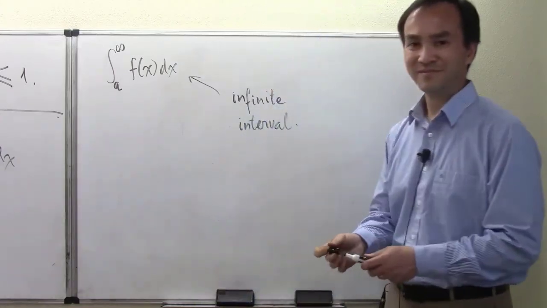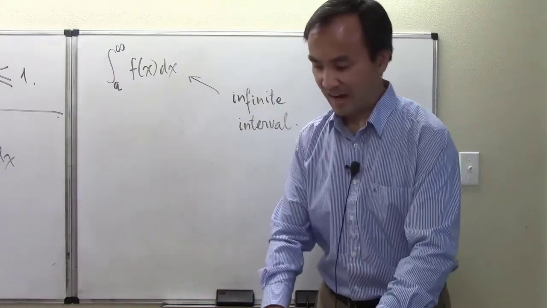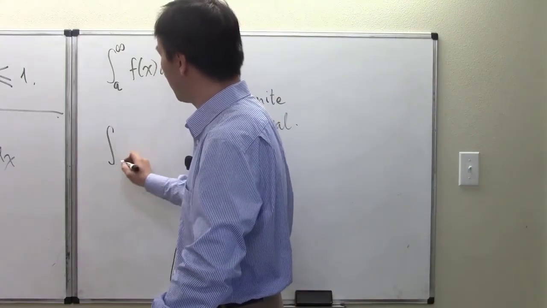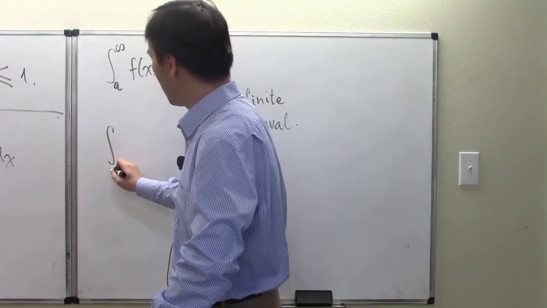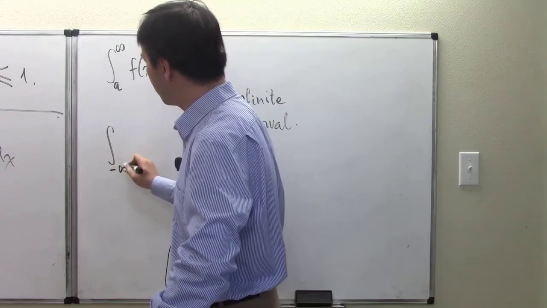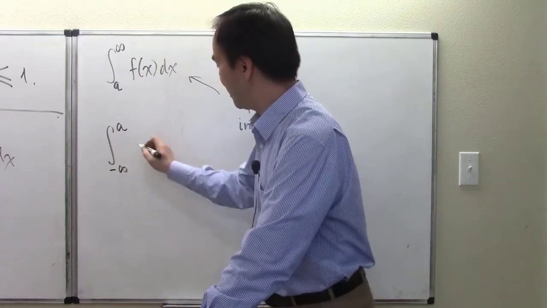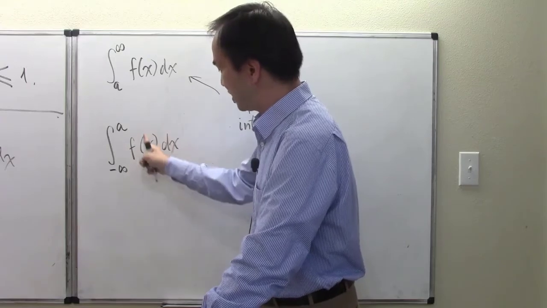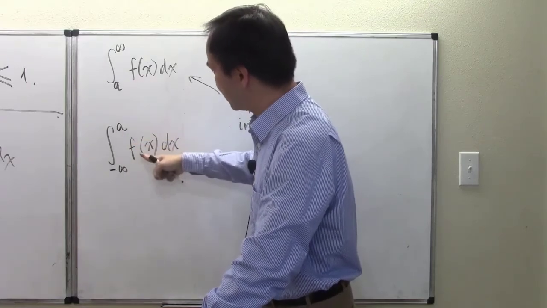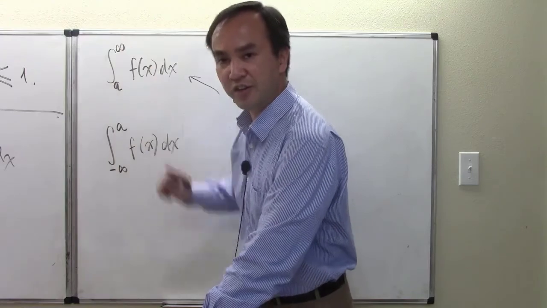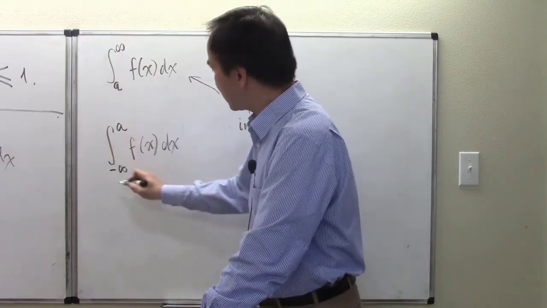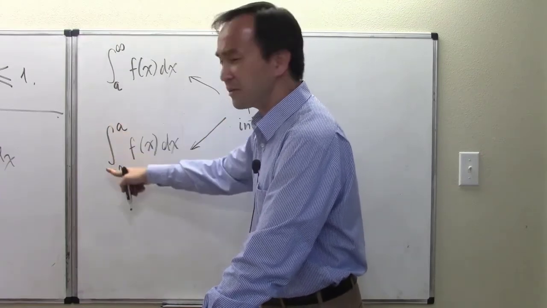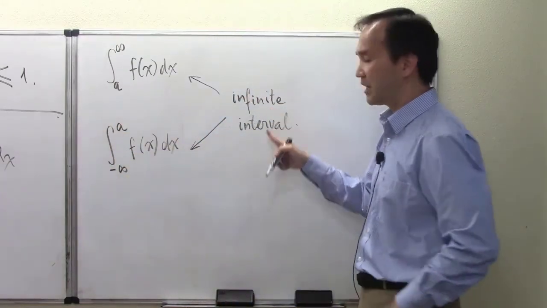And after that form, I introduced you to the second form where we were integrating over an interval from minus infinity to a finite value, on a continuous function, assuming that the function f of x is continuous over the integration interval. And so this is another case where the integration interval is an infinite interval.